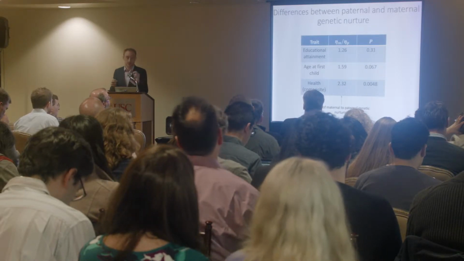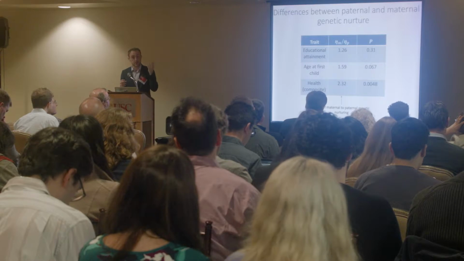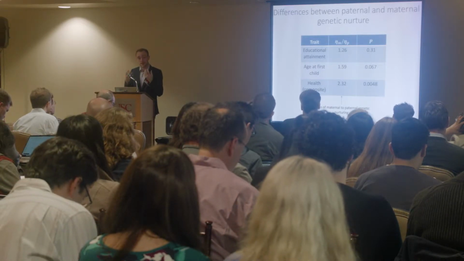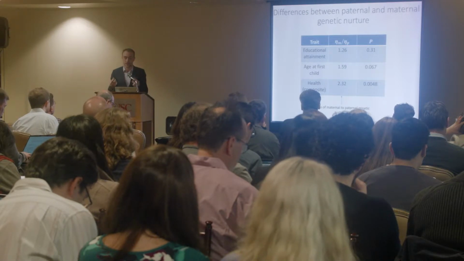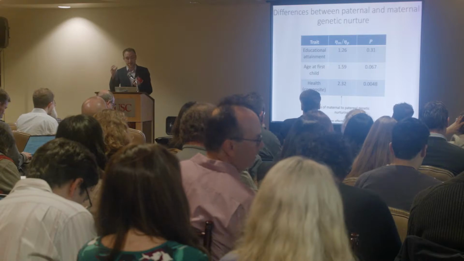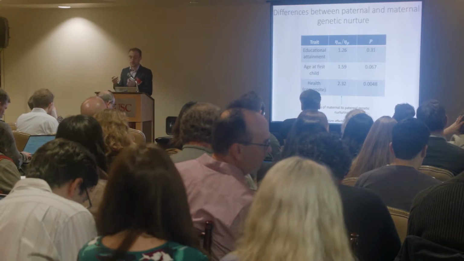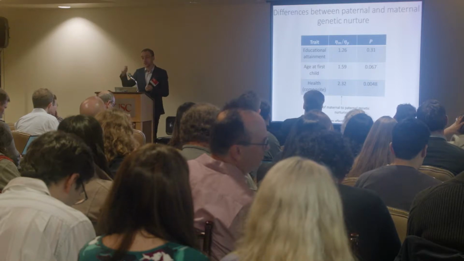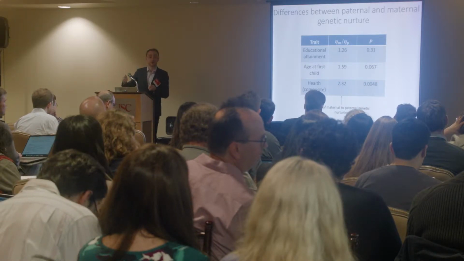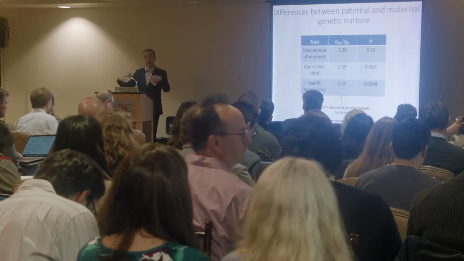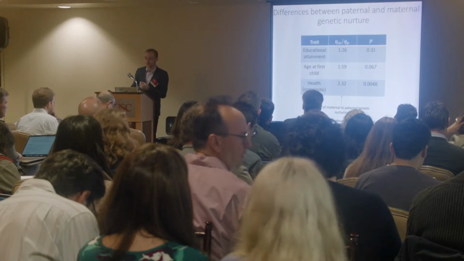We do see evidence that there's greater contribution from the mothers than the fathers, although we did not have sufficient power to see this with statistical significance for many traits. So it may be a little higher from the mothers for educational attainment and age at first child. For this composite health trait, we did have statistically significant greater contribution from the mothers than the fathers to the health of the child that's coming through this educational attainment polygenic score.